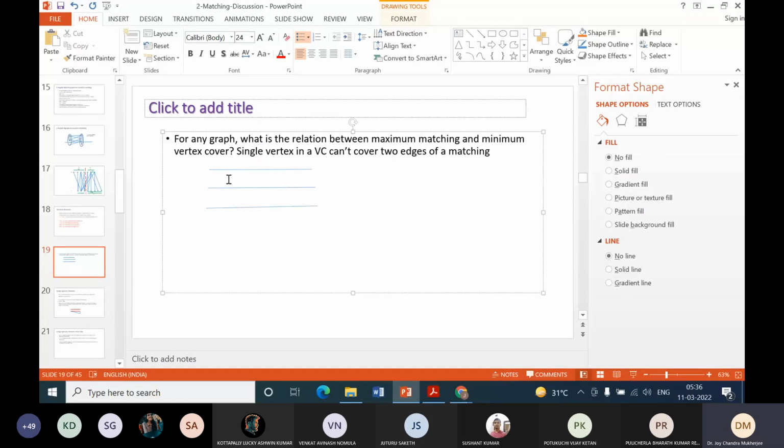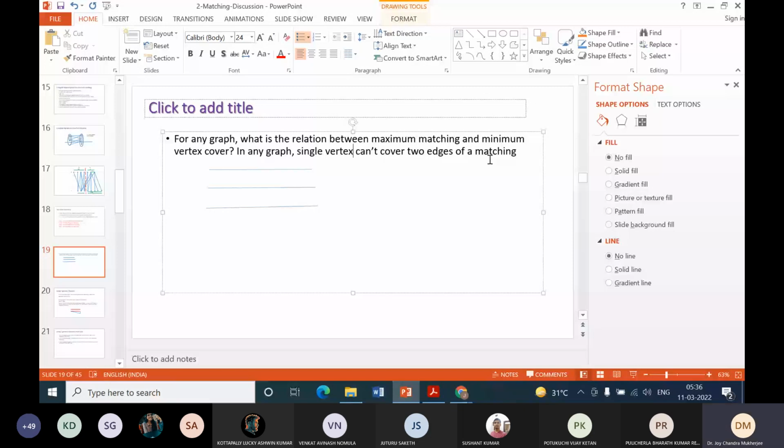So in any graph, a single vertex cannot cover two edges of a matching.